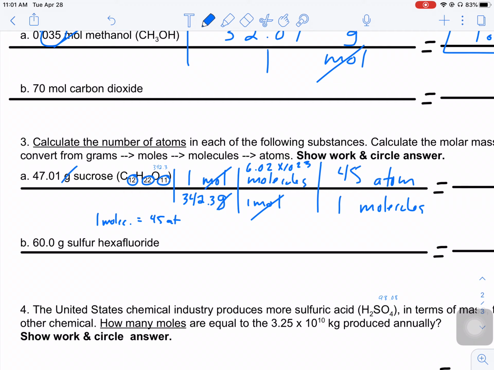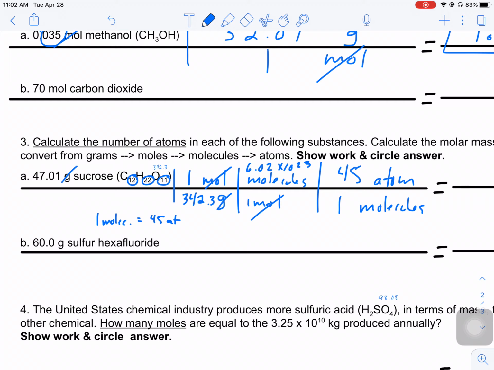So starting with my 47.01, I'm going to multiply by 1 mole. I'm going to divide by 342.3 grams. Then I'm going to multiply by Avogadro's number, and I'm going to divide by 1. And then I'm going to multiply by 45 and divide by 1.